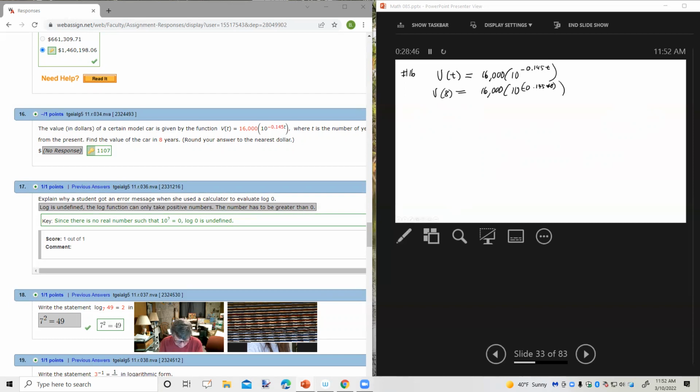So on our calculator, 16,000, parentheses, 10 raised to the negative 0.145 times 8, close it up.